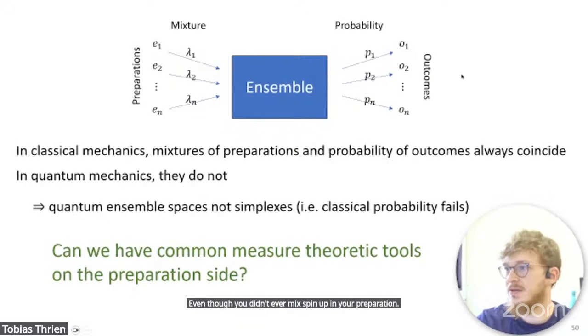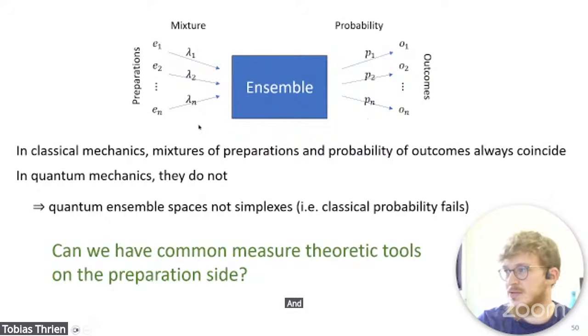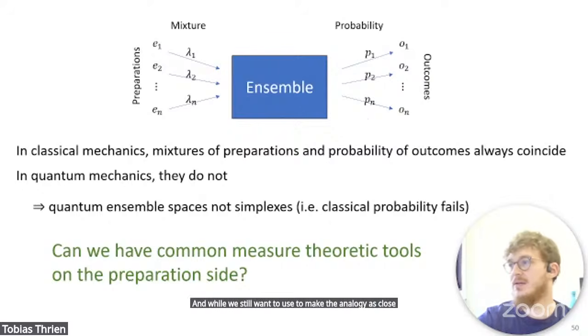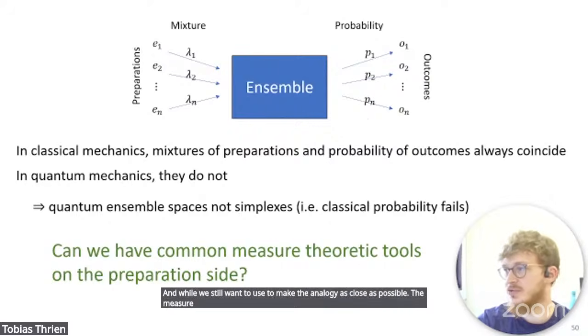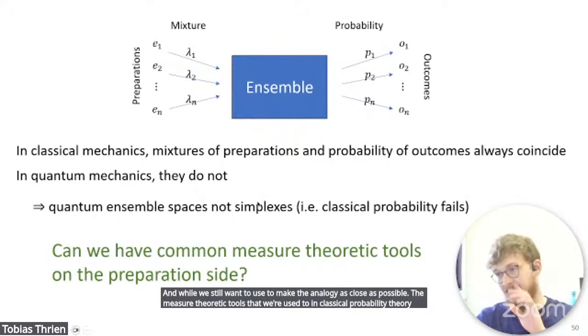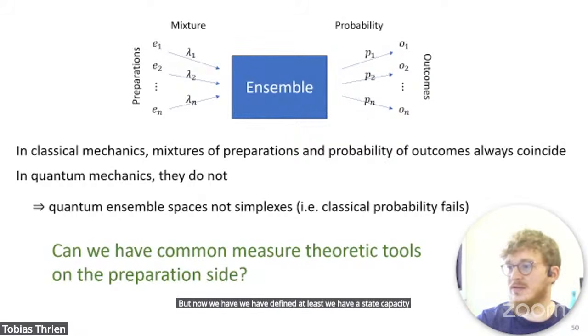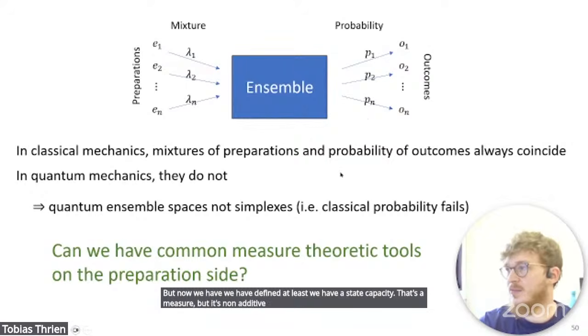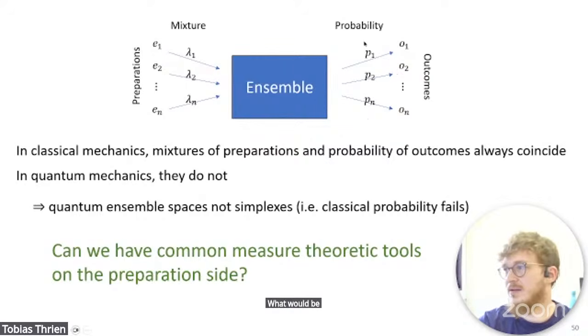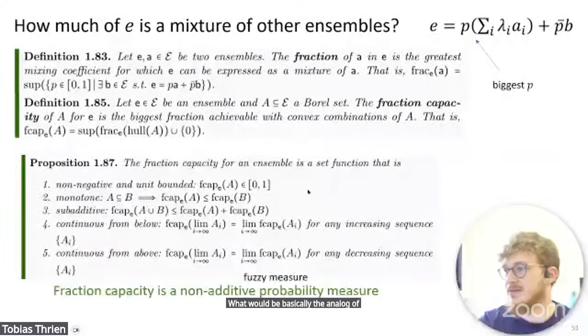So really, those are two different things, but we still want to make the analogy as close as possible to the measure theoretic tools that we're used to in classical probability theory. Now we have defined a state capacity that's a measure, but it's non-additive. What would basically be the analog of these probability measures in general?